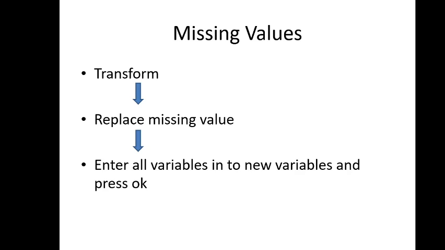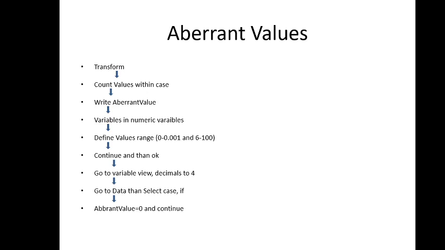If you have missing values and you want to replace them with the mean, go to Transform, then Replace Missing Values, enter all variables which have missing values, then press OK, and all your missing values will be replaced with the mean value.